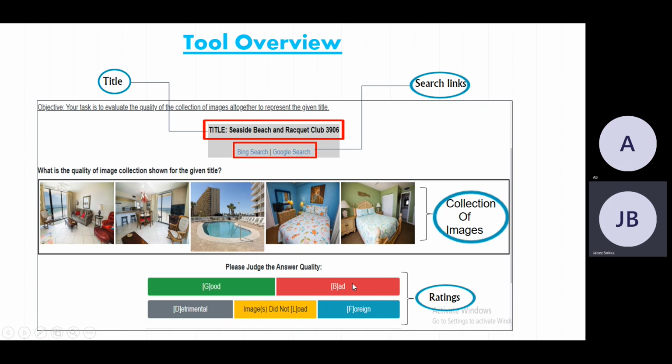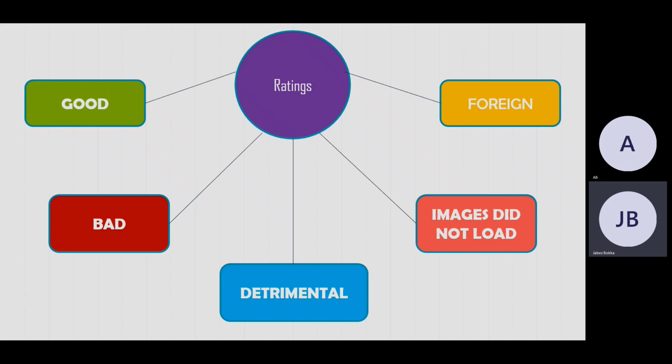These are the ratings we have for this particular process, and altogether we have 5 ratings: good, bad, detrimental, image did not load, and foreign. We'll go through the ratings in depth in further slides. Now this is the elaborated explanation about the ratings.